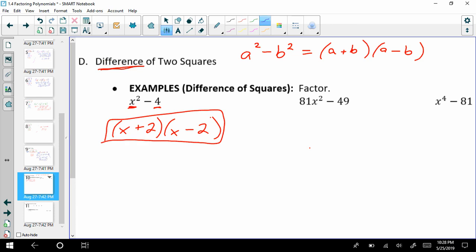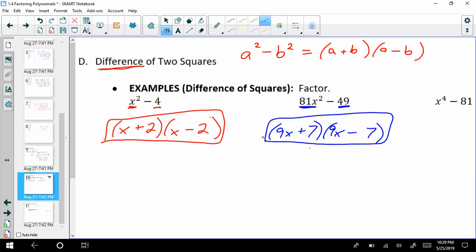The next one, perfect, perfect, and subtraction. So it's going to break into 9x and 9x. It's like you're square rooting. 7 and 7, one of each sign. You could also put the subtraction first and then the addition. It does not matter. Okay, last one.